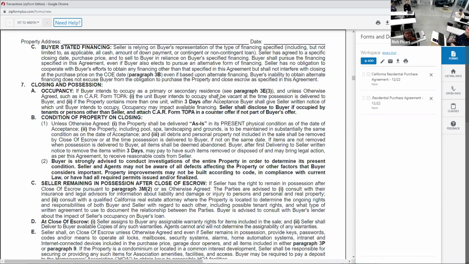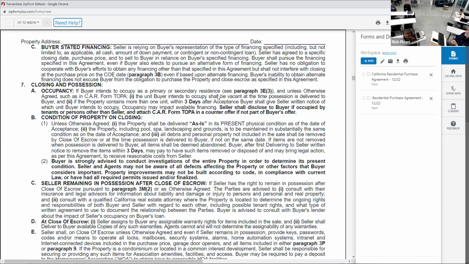And also that if the seller agreed to any repairs, those repairs were done. So that's why you want to time your verification of property so that it gives them time to do the repairs and to make sure it's in that same condition. It is not a contingency to cancel.